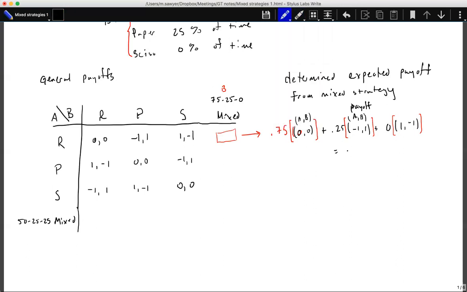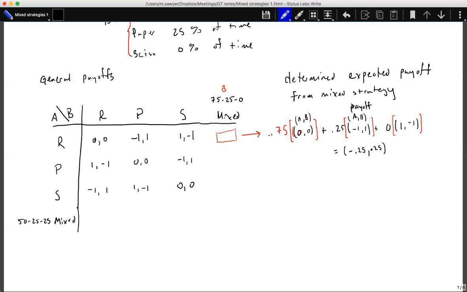So 75% of the time we'll get 0 for A, and 25% of the time we'll get -1. So that means on average we'll get -0.25. For B, it's 0.75 times 0 plus 0.25 times 1, so we get positive 0.25.